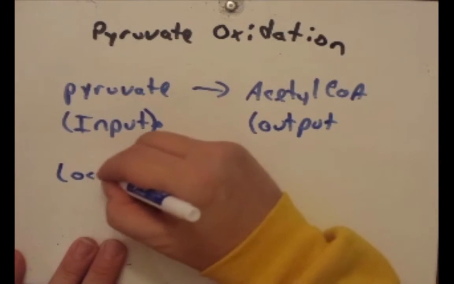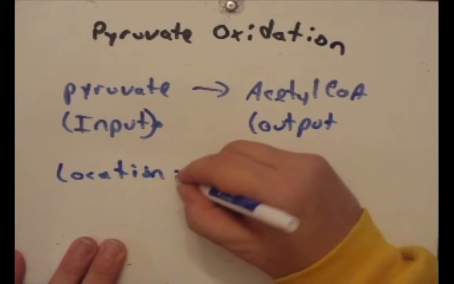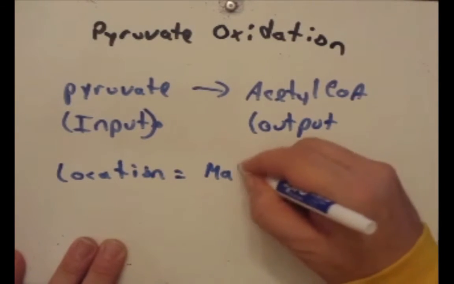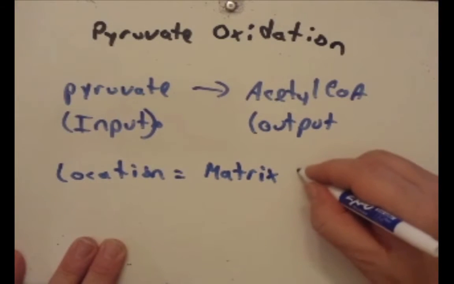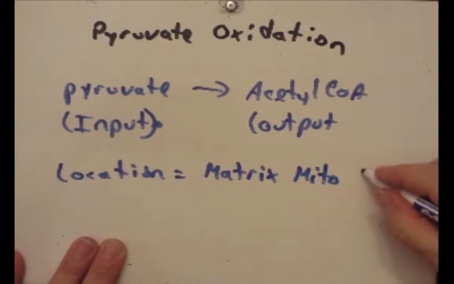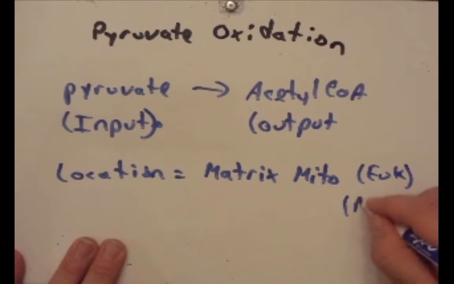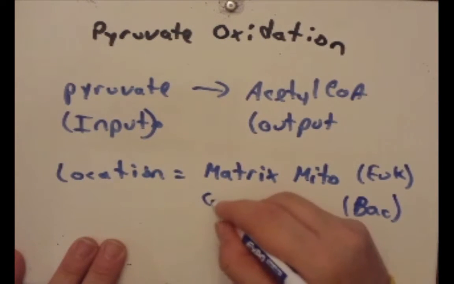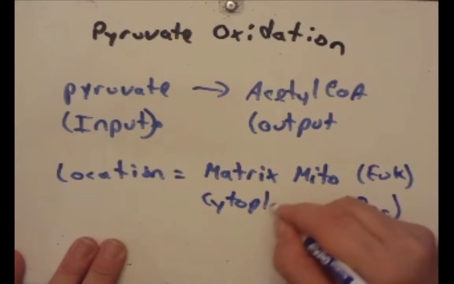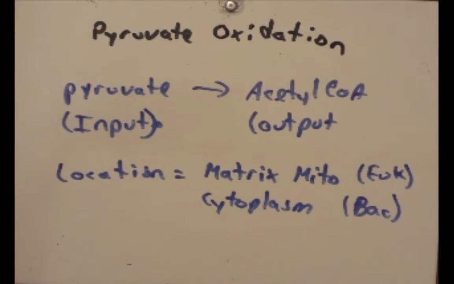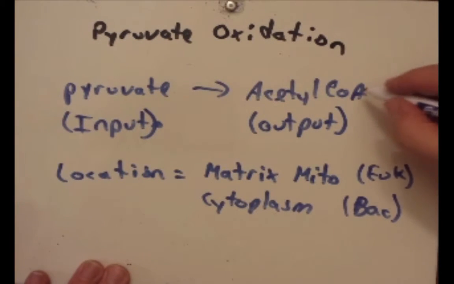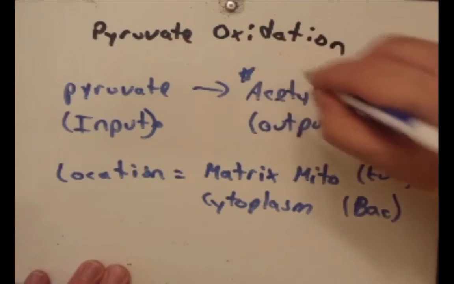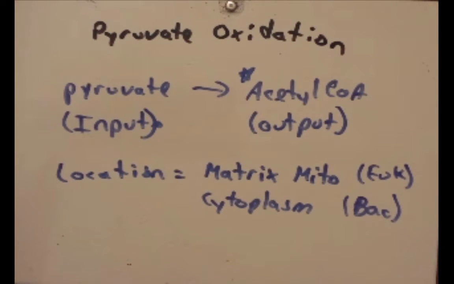This occurs in the matrix of the mitochondria in eukaryotes. In bacterium, it occurs in the cytoplasm in aerobic bacterium. The purpose of pyruvate oxidation really is to solely make acetyl-CoA, because acetyl-CoA is needed for the next step, the citric acid cycle.